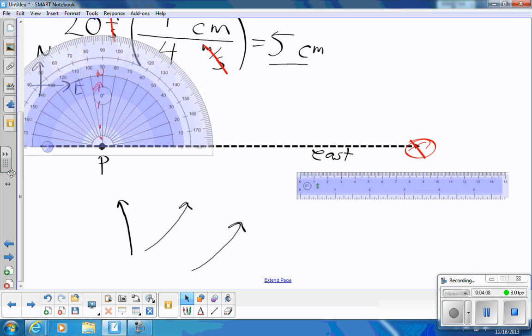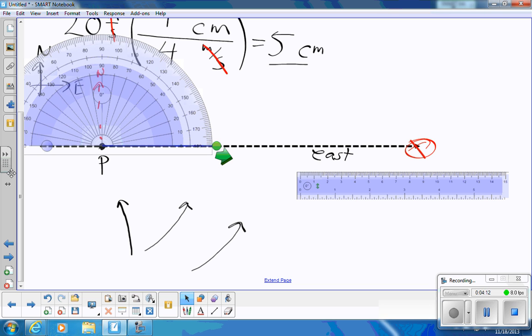Which it is. So two things. I've got that little crosshairs right over point P. And now I want to go 25 degrees toward the north of east. All right, so I've moved my angle 25 degrees north of east. Now with a regular protractor, you don't have this nifty graphic here.